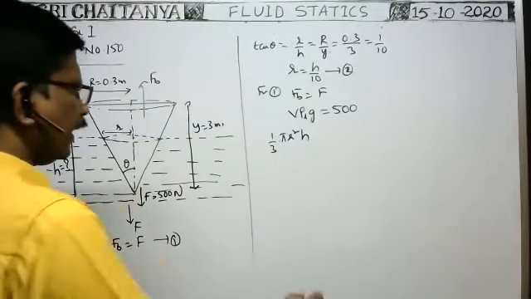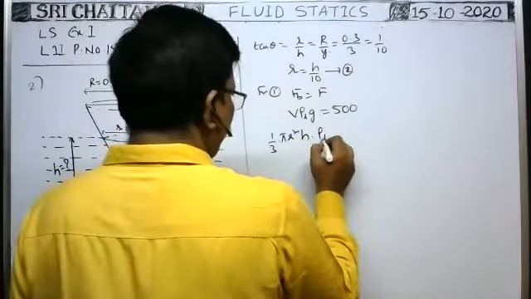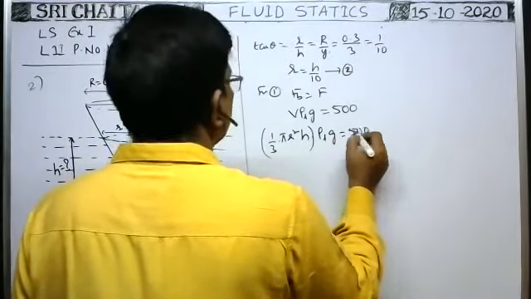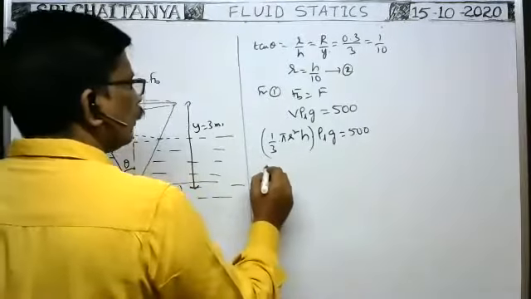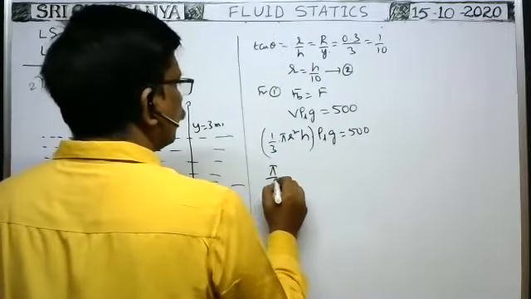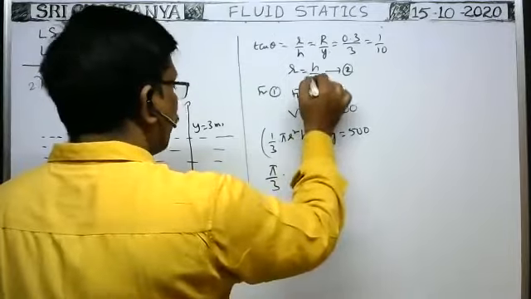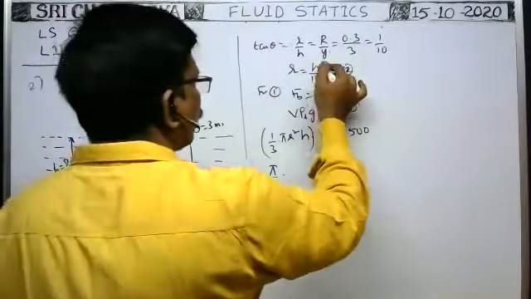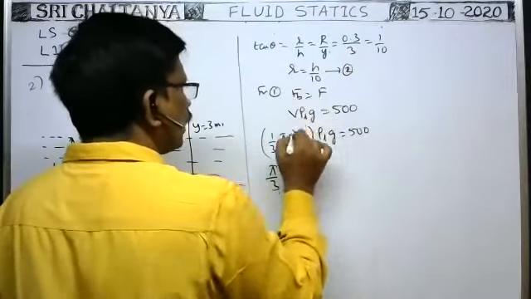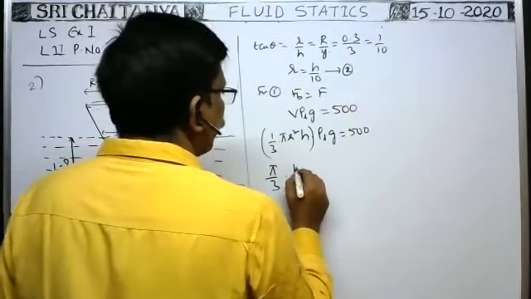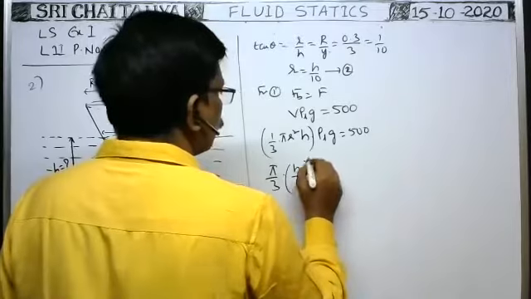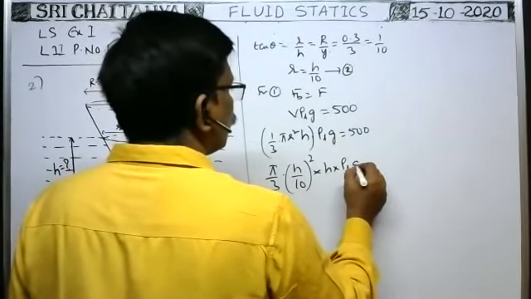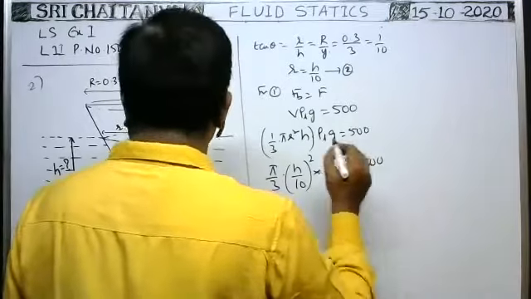Into density of liquid into g is equal to 500 Newton. Now, pi by 3 into radius, because we have to find the depth up to which the cone submerges, this h we have to calculate. R should not be there. So instead of r, you can write h by 10. So pi by 3 into h by 10 whole square into small h, rho L into g is equal to 500.